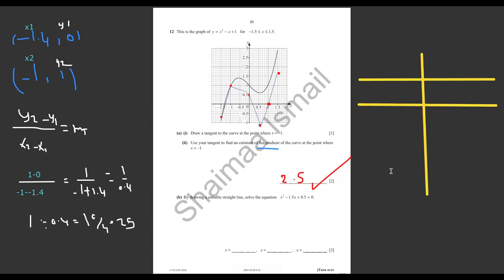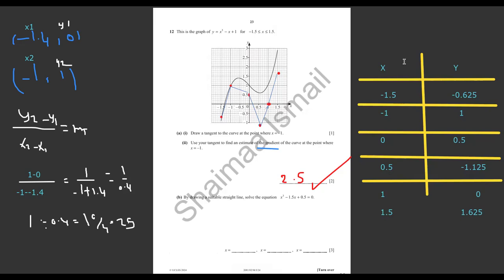We choose x equal to negative 1.5, then we calculate x cubed minus 1.5x plus 0.5 to get the value of y.